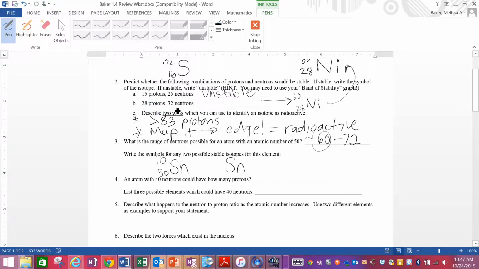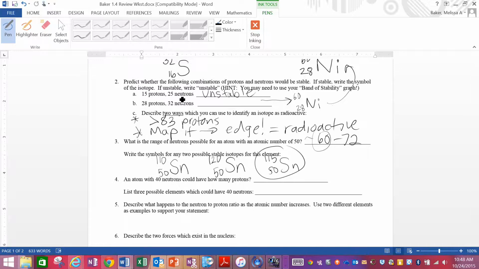And another stable isotope could be 50 plus, maybe you choose 70, closer to the higher end. That would be 120 for the mass number. Lots more answers too. You could choose Sn 50 and right in the middle. That would probably be the most stable of all of these answers. That could be an option as well.